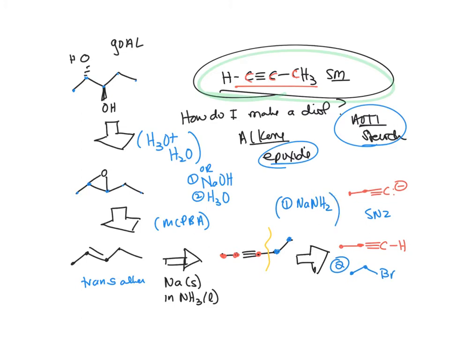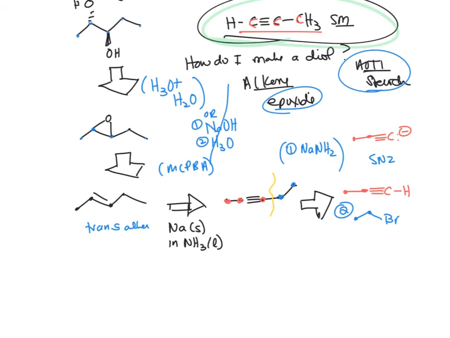Now, once you do your retrosynthetic analysis like that, you're required to go forward. So you do it like this, and then you say, okay, here we go. We have our compound here, and the first thing we're going to do is add sodium amide, which is a strong base. And then the second thing we're going to do is add our alkyl halide.